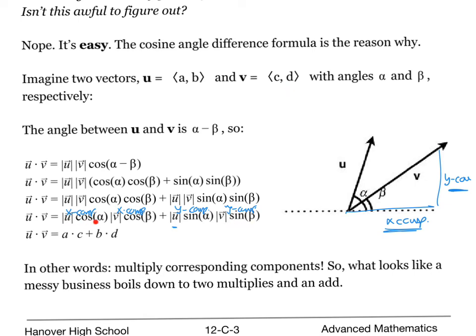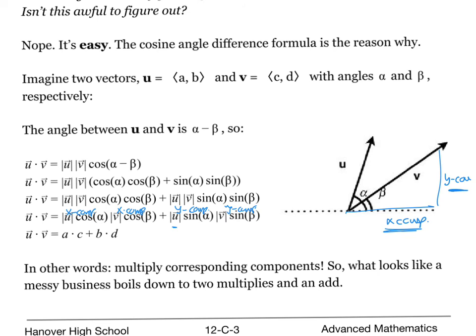So this really nasty expression can be written in terms of the u and v components. It just becomes a times c, that's the x component of u times the x component of v, plus b times d, which is the y component of u times the y component of v. So it's multiplying the x components of the two vectors together, multiplying the y components of the two vectors together, and adding those results. And that is the same thing as the dot product of u and v.